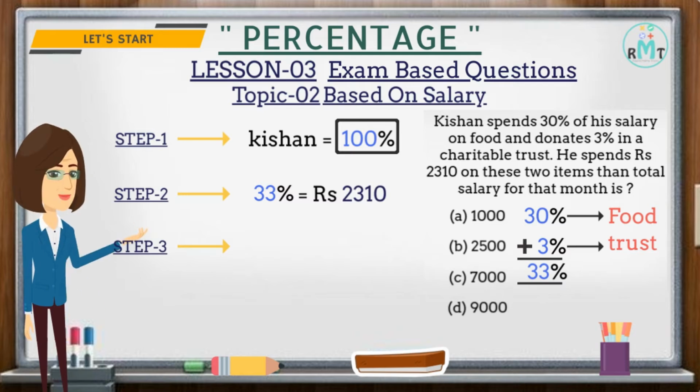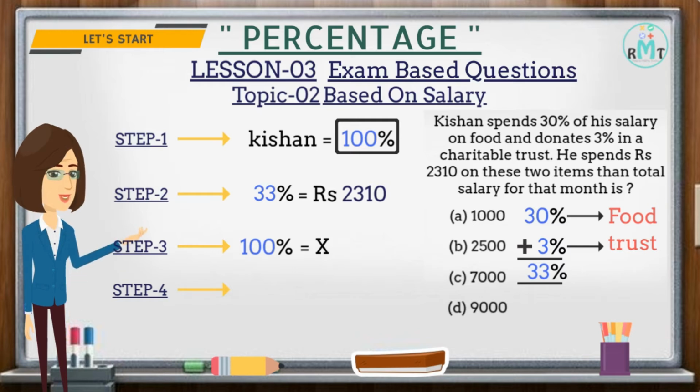Step 3. Now we have to calculate the monthly salary of Kishan. And in step 1, we assumed the salary of Kishan is 100%. So we write 100% equal to X. Step 4.